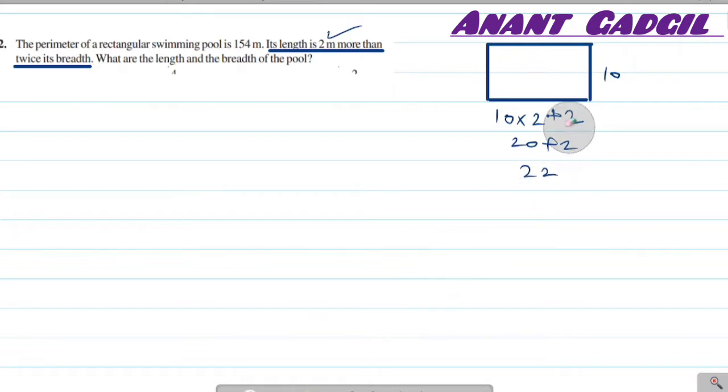So see, many students have confusion here that what should we take as x, length or breadth? So it becomes very easy when we take that term as x, where, for example, in this question, it is said twice its breadth. Twice means 2 times.